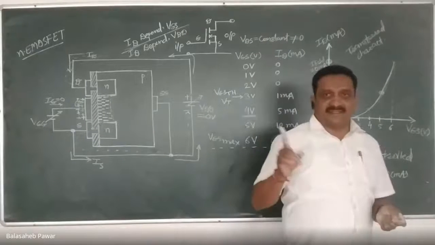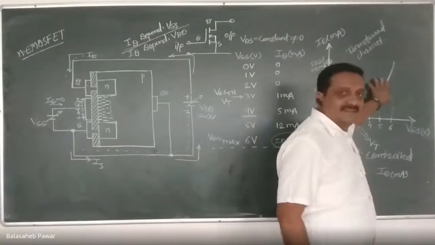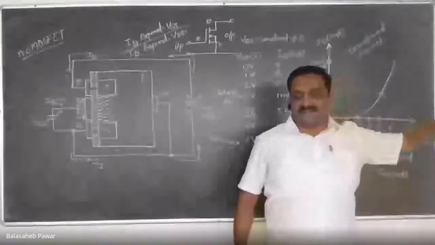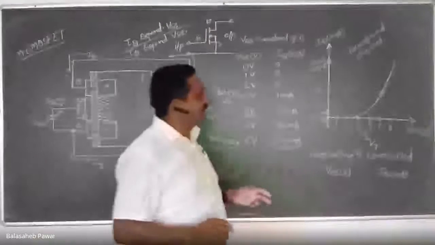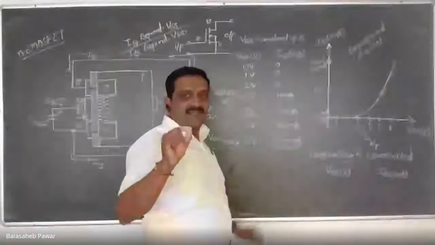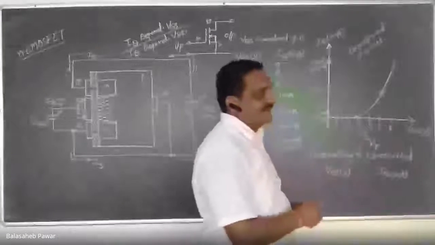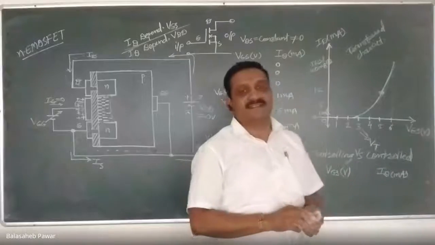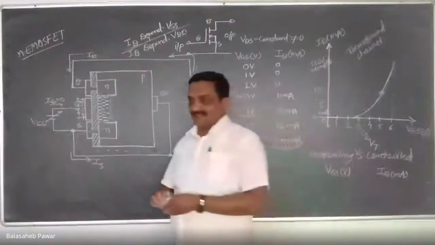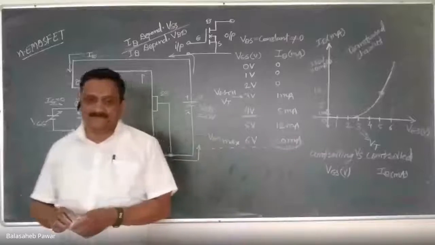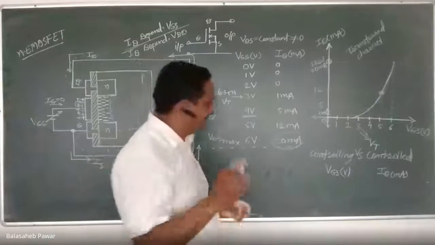Diode forward characteristic also looks like this. So you have to remember, semiconductor devices are non-linear devices. Why are semiconductor devices non-linear? Because the PN junction offers dynamic resistance. This is the simple answer for that.